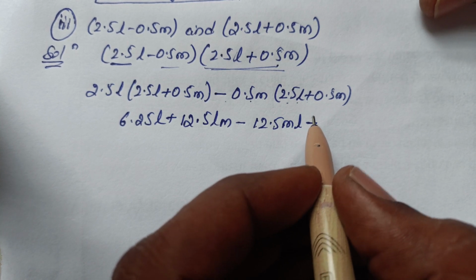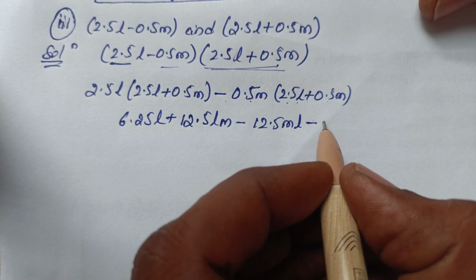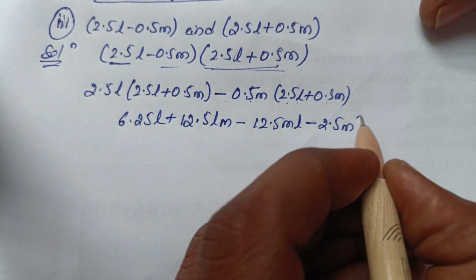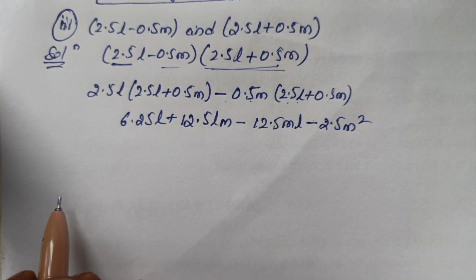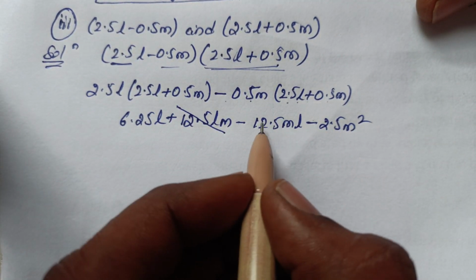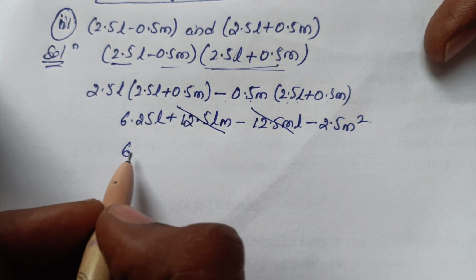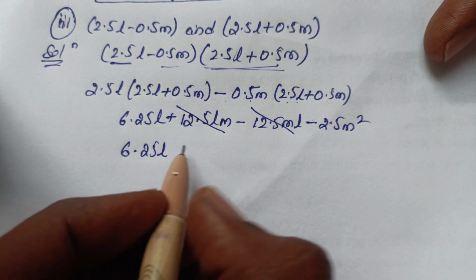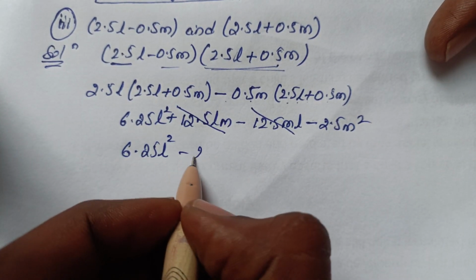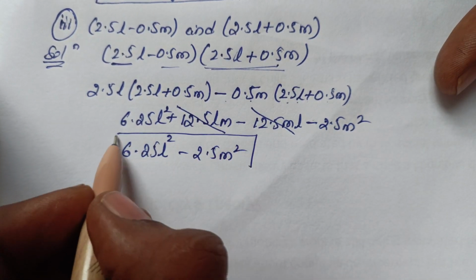Now we will get 0.5 m into 0.5 m is equal to 0.25 m square. So now plus 1.25 lm minus 1.25 lm will get cancelled, therefore 6.25 l square minus 0.25 m square is the answer.